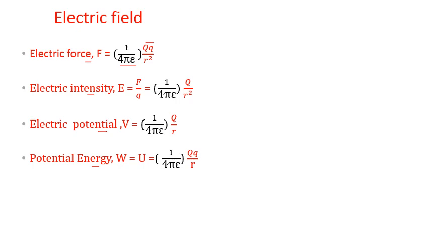In intensity, Q upon R square, means in this case only one Q. In electric potential, Q upon R, means instead of R square only R. In potential energy, QQ upon R. Means in which formula two Q's are there, or a single Q is there, or R square is there, or R is there. In this sequential manner you can remember.